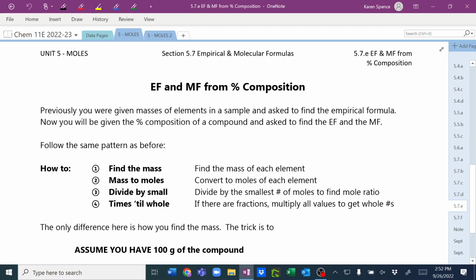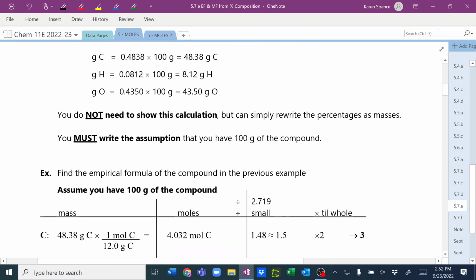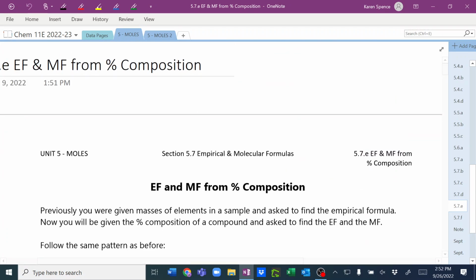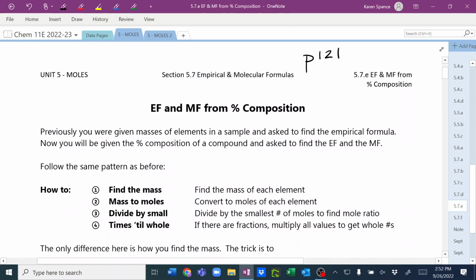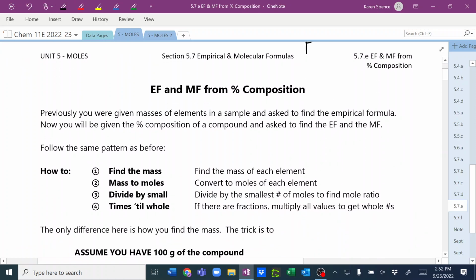So this leads us to another concept which you are already familiar with, and this is on page 121. We are going to be finding the empirical formula and molecular formula from the percent composition. Now, do you remember the steps for finding empirical formula? What do you need to know to find the empirical formula? You need to know not the molar mass, but you need to know the mass of each element, yes?